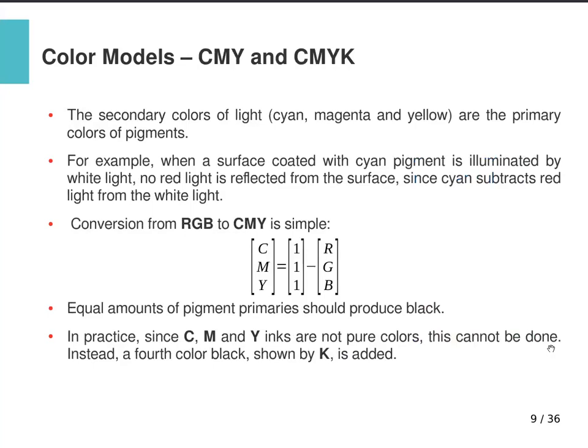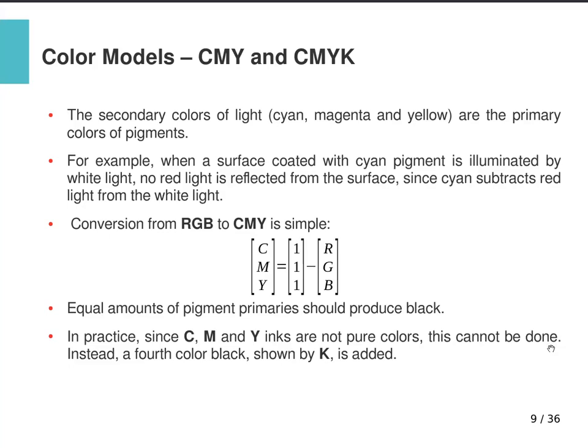We have other color models as well. CMY is the second color model that I will introduce here. RGB works based on the primary colors of light. CMY uses the secondary colors of light, or the primary colors of pigments, which are cyan, magenta, and yellow.